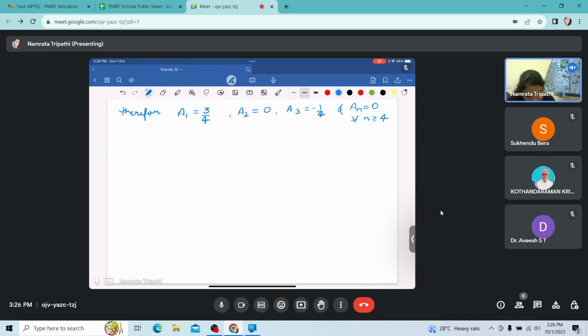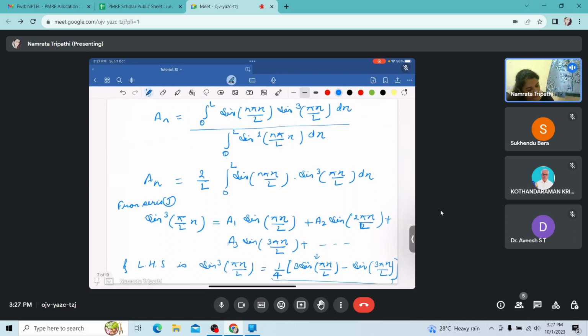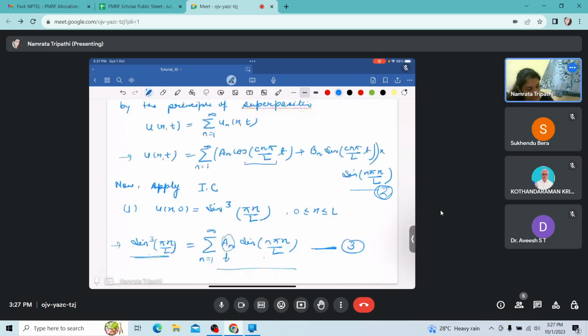Now we will use the second initial condition and we can find the value of b_n. Okay. What was the condition? u_t(x,0) is 0. So we have to differentiate equation number 2 partially with respect to t, and after differentiating we have to put t equals 0.